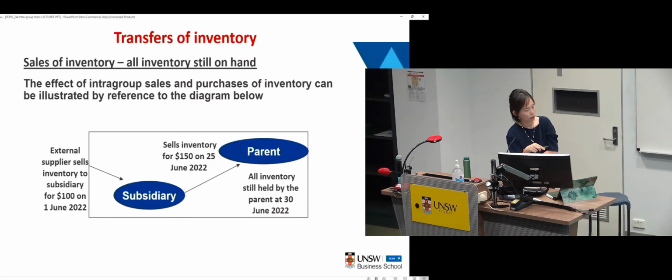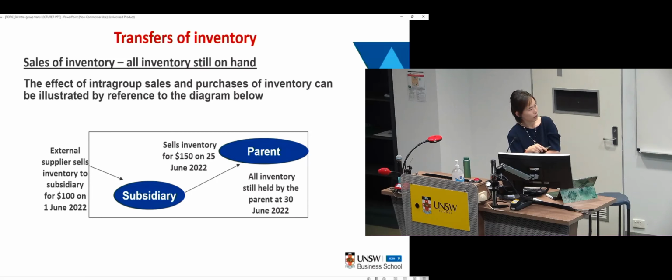Now, this is the intragroup transfer price. The transaction took place on 25th June 22, which is the current year, as the current year ended on 30 June 22.